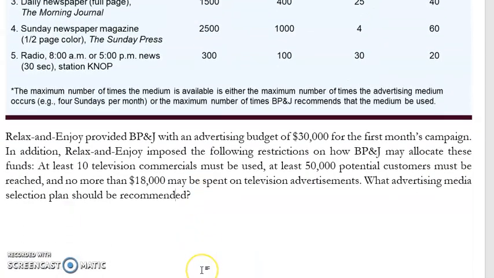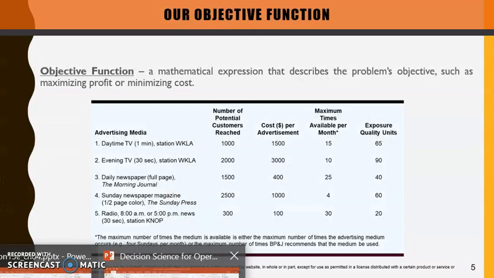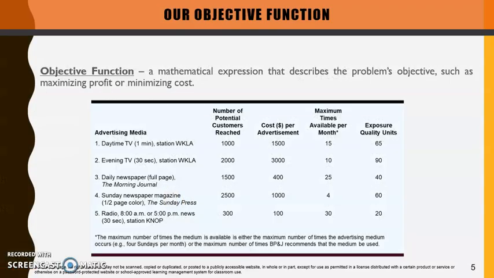Here, you see at the end, it asks you what advertising media selection plan should be recommended. Okay, about this question, because we want to do our objective function, we should go for the ones that, first of all, are not defined as constraints, as restrictions.